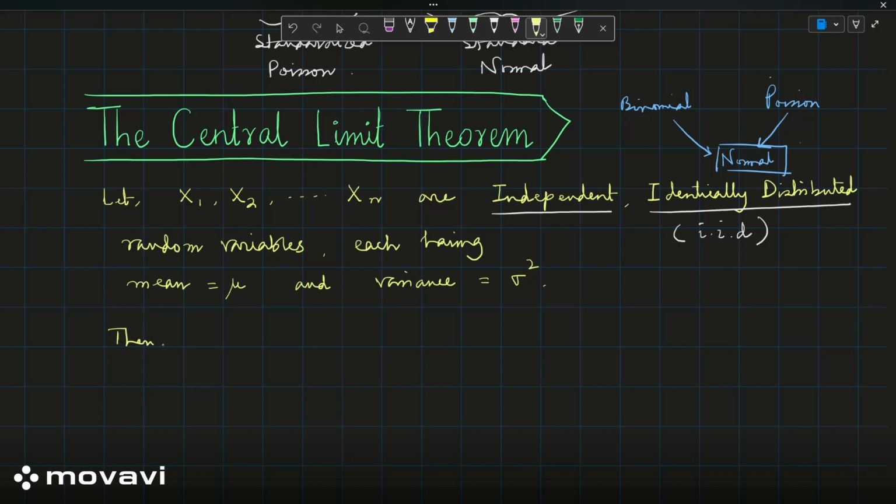Then let us define Sn, which is the sum of all these random variables, x1 plus x2 up to xn. So we can say that Sn is the sum of n IID random variables.